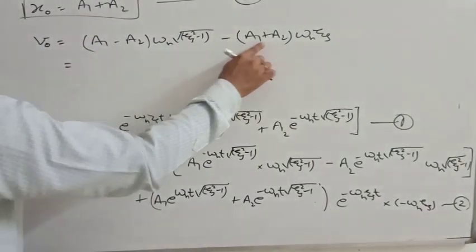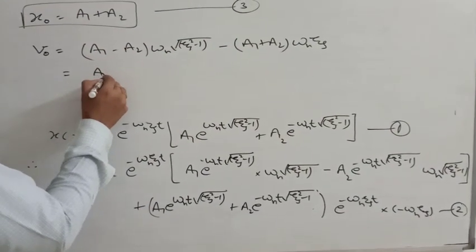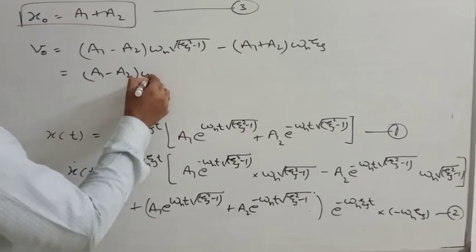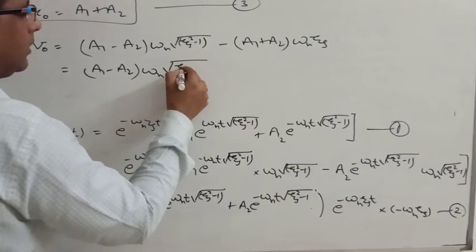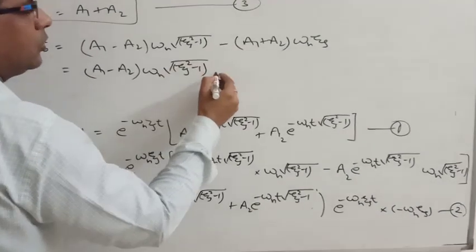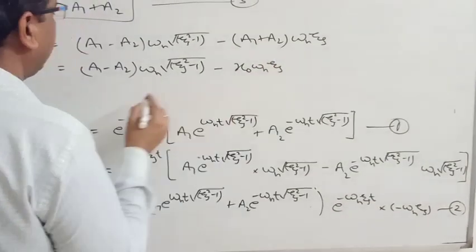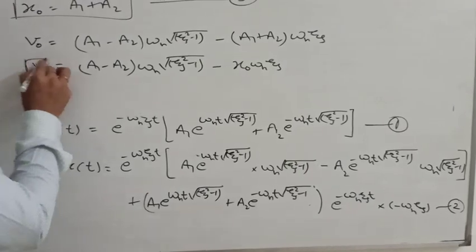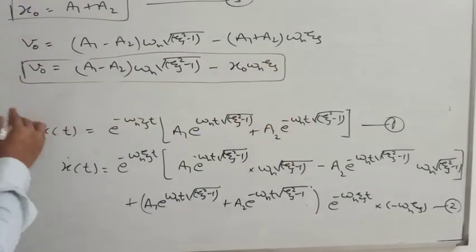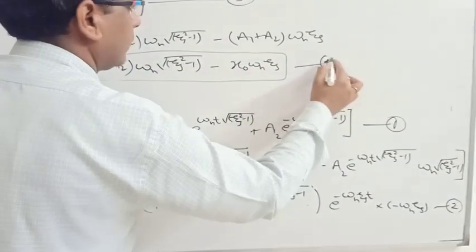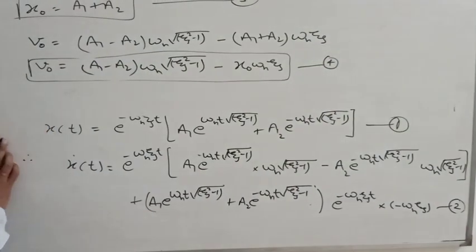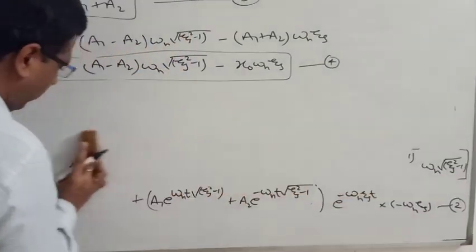But we know that a1 plus a2 is x naught, that's why a1 minus a2 omega n under root of this minus x naught omega n zeta from the second boundary condition. This is the value by applying the boundary conditions.